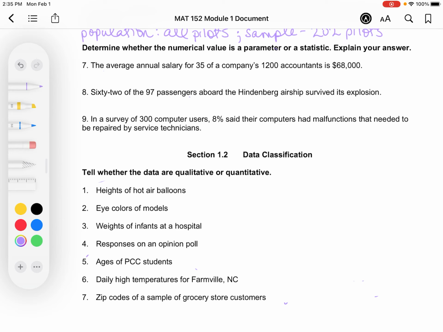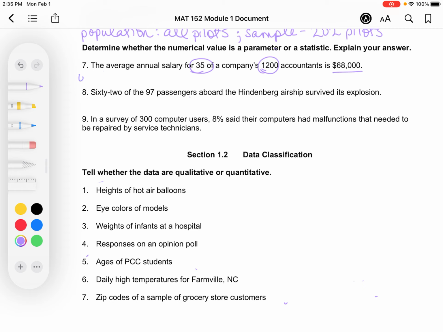For the next section, determine whether the numerical value is a parameter or a statistic and explain your answer. So the average annual salary for 35 of a company's 1,200 accountants is $68,000.